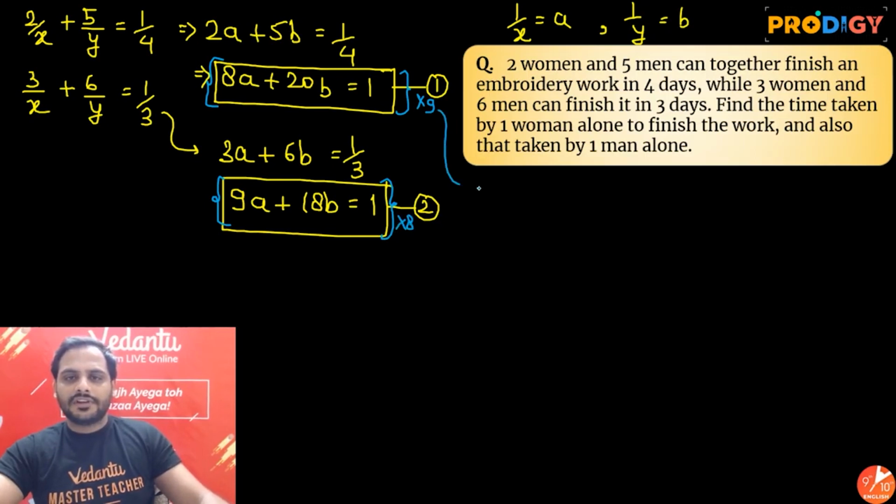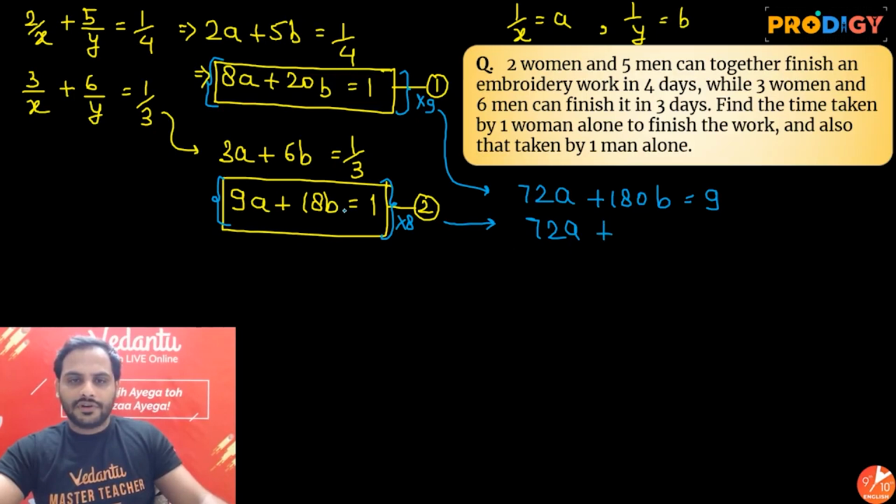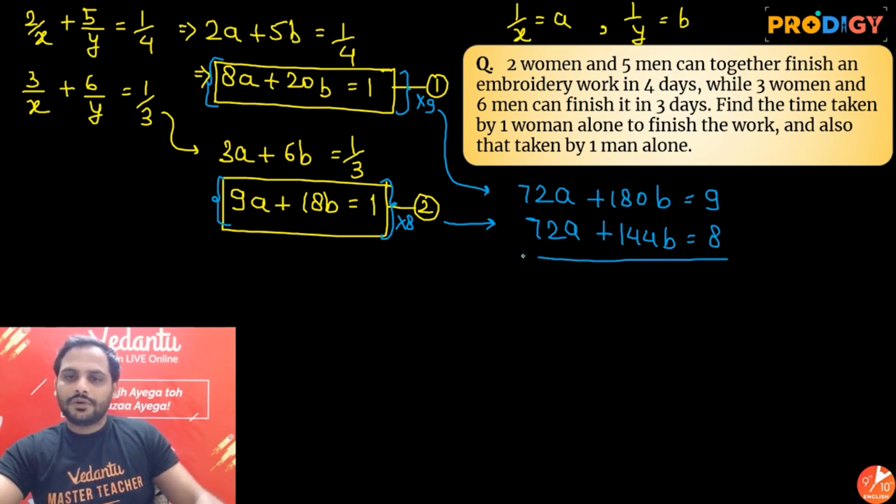So the first equation becomes 72a plus 180b is equal to 9, and the second equation becomes 72a plus 144b is equal to 8.